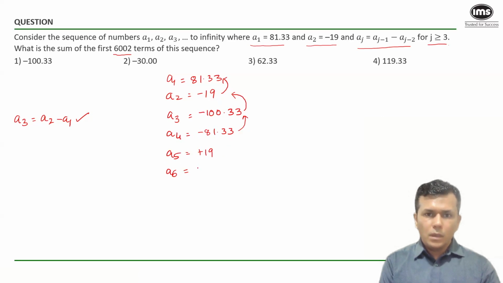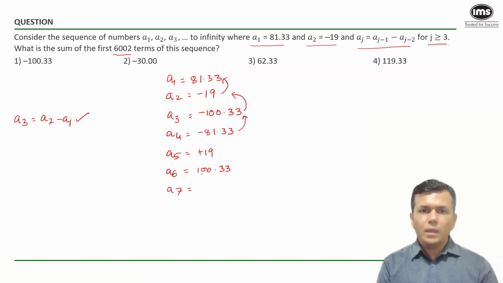That gives us 100.33. a7 is the difference of a6 and a5, 100.33 minus 19, which gives us 81.33. a8 is going to be 81.33 minus 100.33, and that is nothing but minus 19.